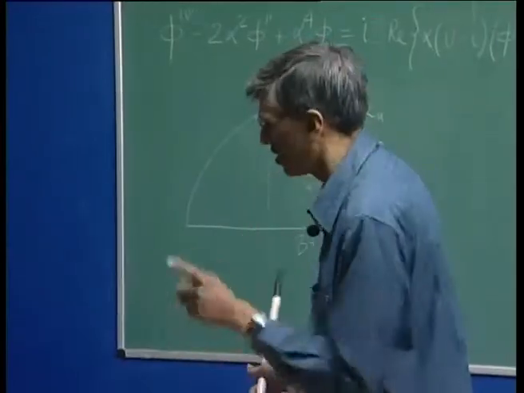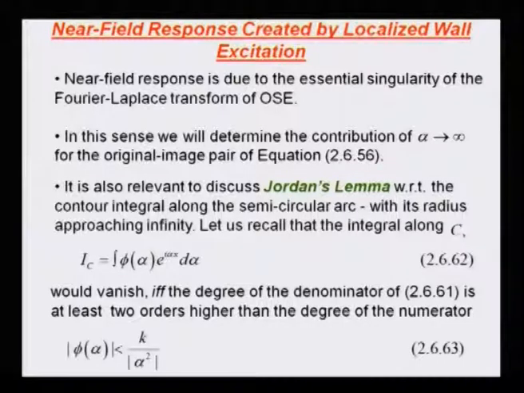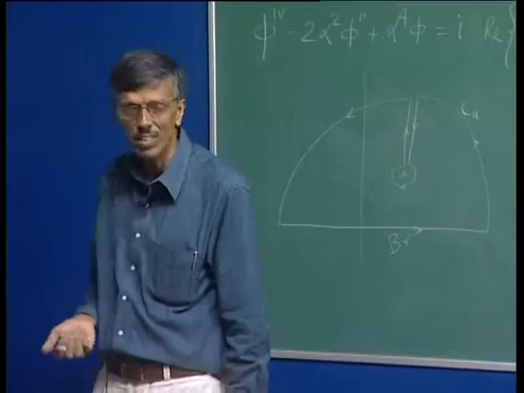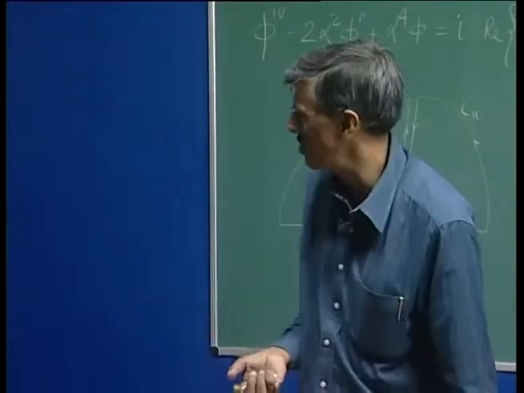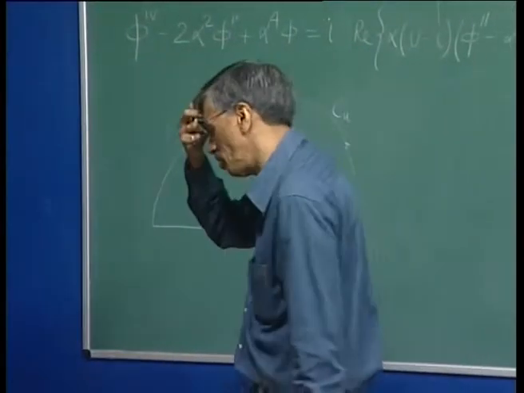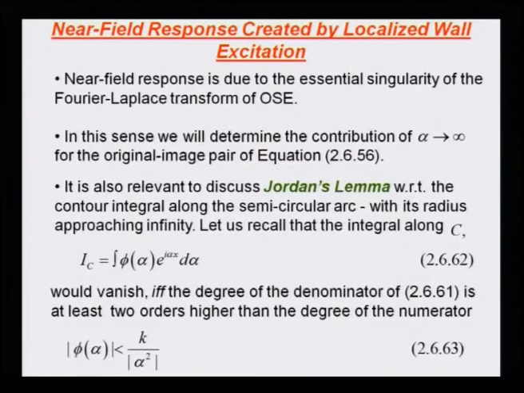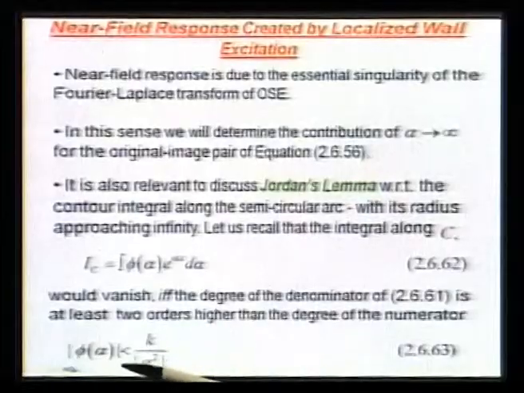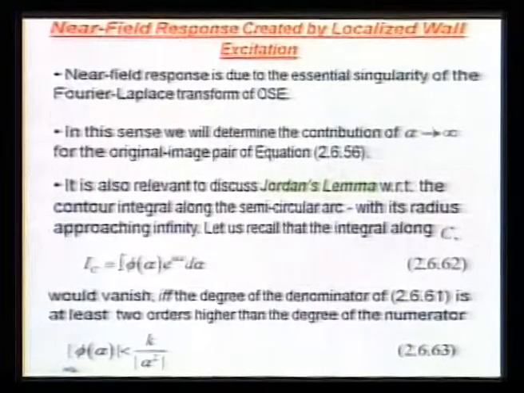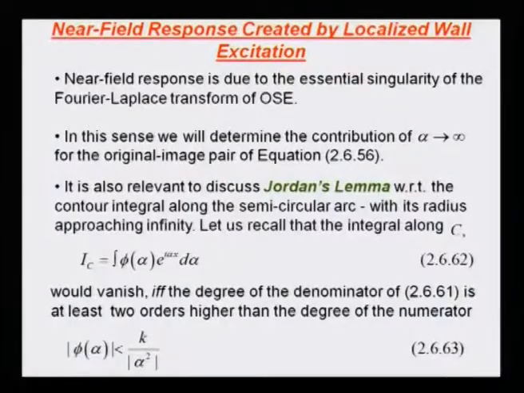If it is not, then you cannot show that Jordan's lemma is valid. So, the task is very simple for us to investigate. We need to figure out, for our case, the solution of the Orr-Sommerfeld equation phi of alpha as alpha goes to infinity. What is the order of the numerator or denominator?